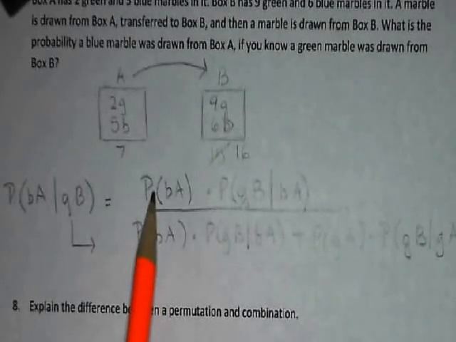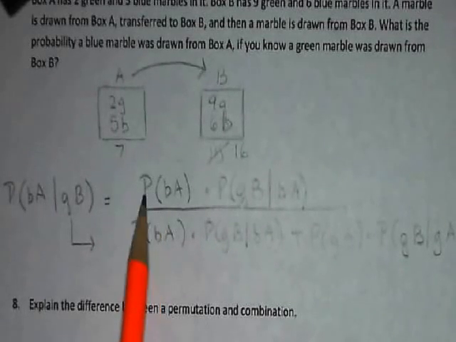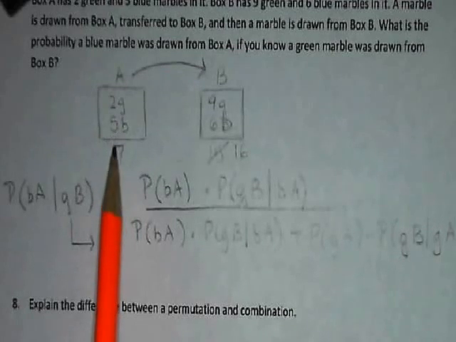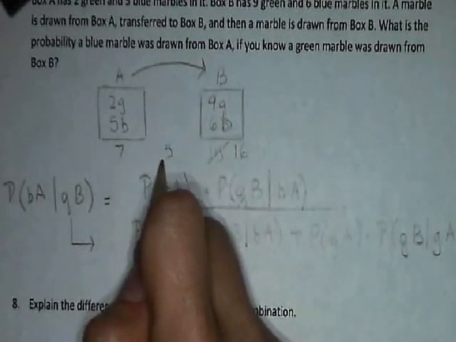Once you have your fractions set up, then it's just a matter of figuring out what's going on here. The first part right here is the probability of pulling a blue marble from box A. Well, there are 5 blues out of 7, so that fraction will be 5/7.